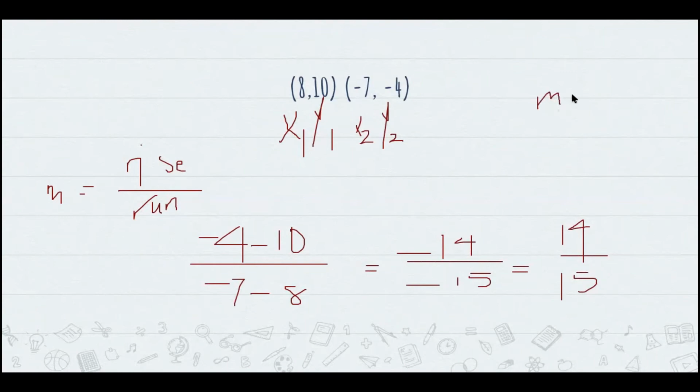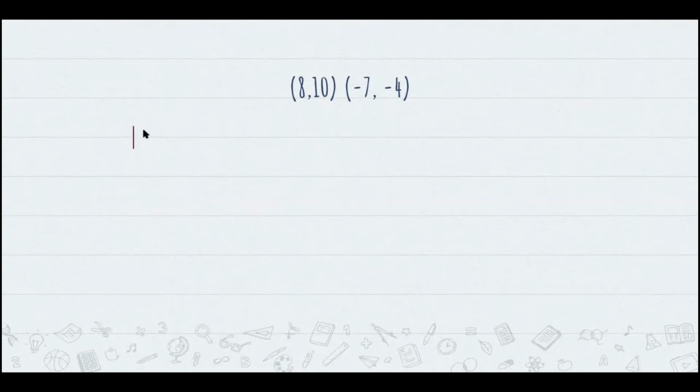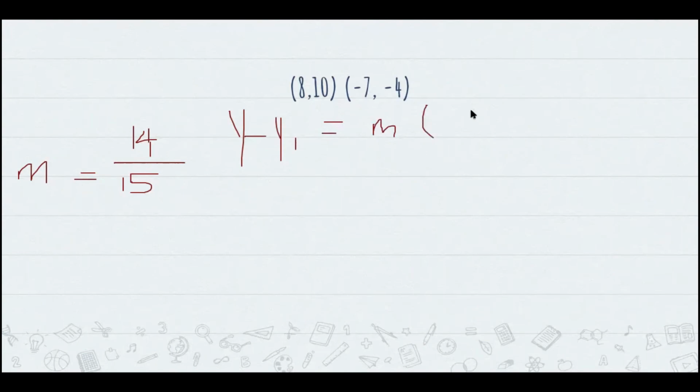Let's put that here. Clear this out. So 14 over 15 is our slope. We're gonna do what we did last time. y minus y1 equals m, parentheses x minus x1. So we'll just plug it in. Our y1 is 10.